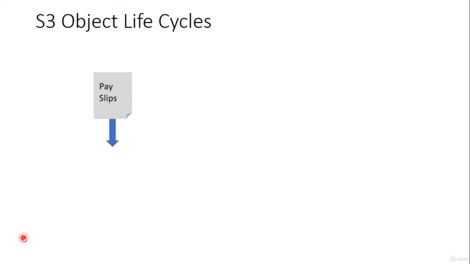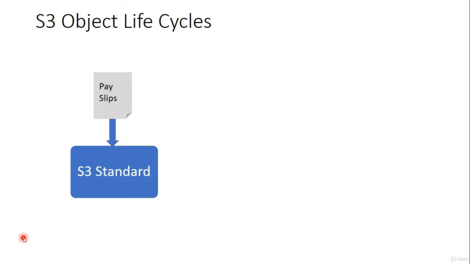After about a month, when the new payslip is generated, the frequency of accessing the old payslip is highly reduced. Now, the frequency of access of the new payslip is very high. So, every new payslip we will store in a Standard storage class. That is, new payslip goes to S3 Standard.